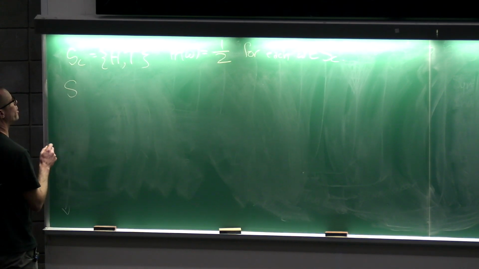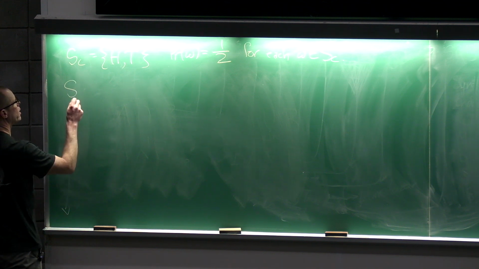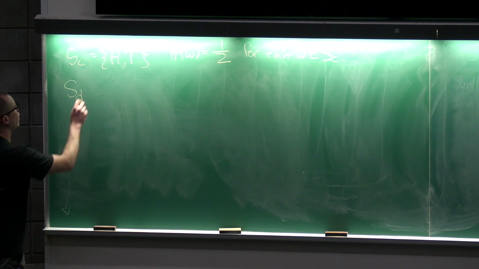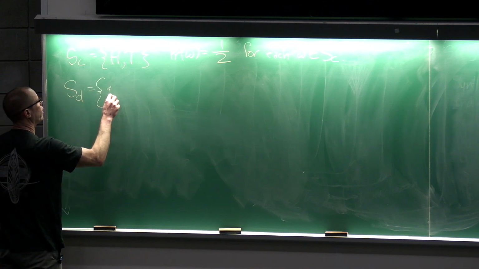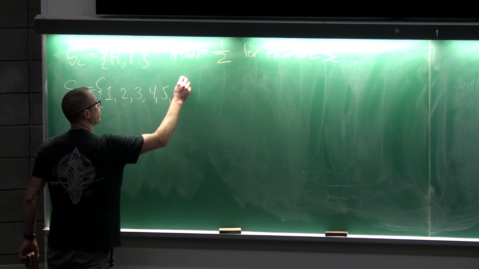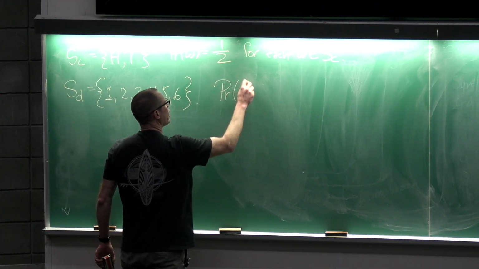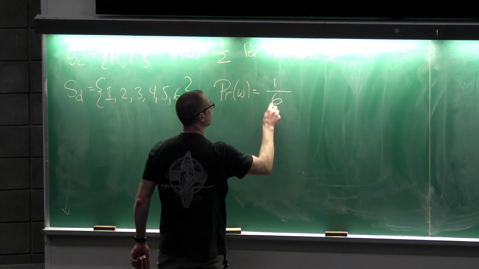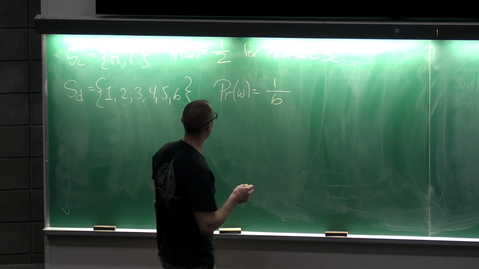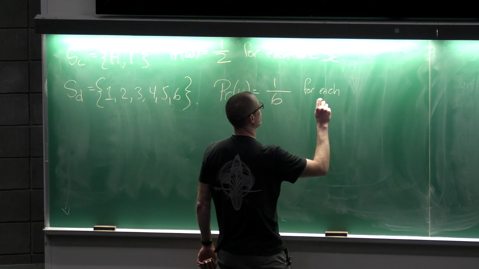And you might have another probability space for rolling a die, with 6 possible outcomes. And in this case, each one is equally likely, so each one occurs with probability 1/6. That's the probability function on this space.